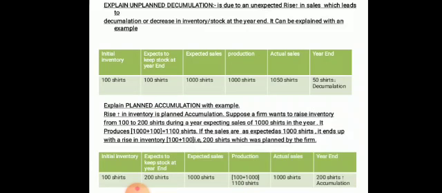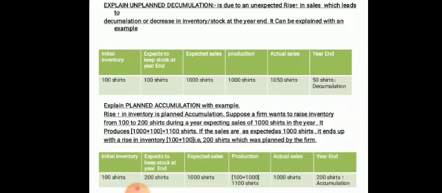So unplanned decumulation is due to an unexpected rise in the sales. When there is a rise in the sales, the additional quantity gets sold from the stock, and therefore it leads to decumulation of stock, where initial inventory is 100 shirts. At the year end it wants to keep 100 shirts as stock or inventory.